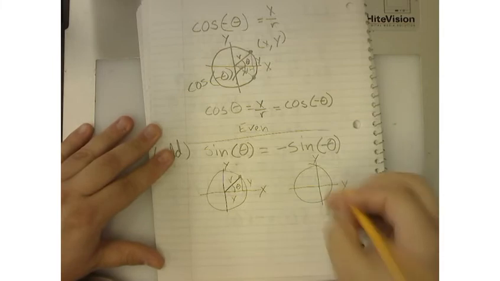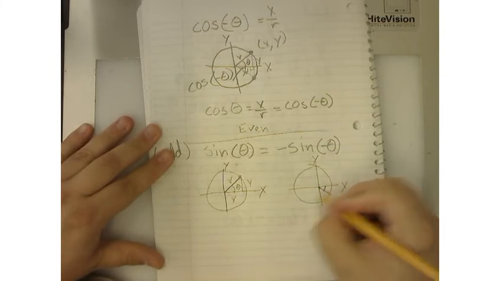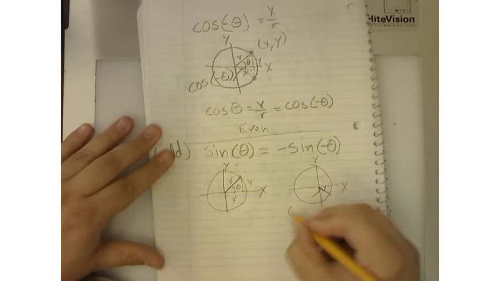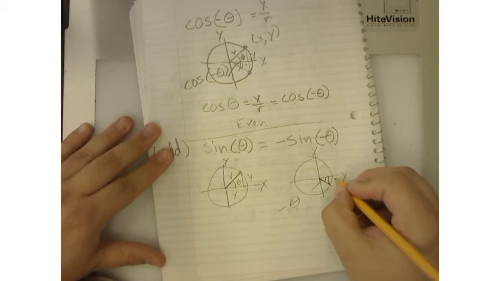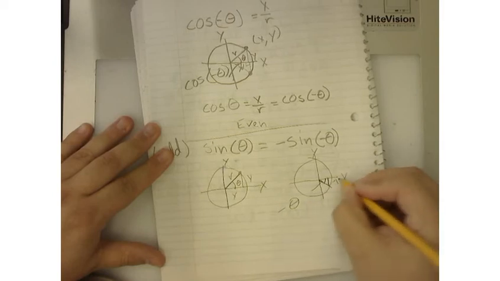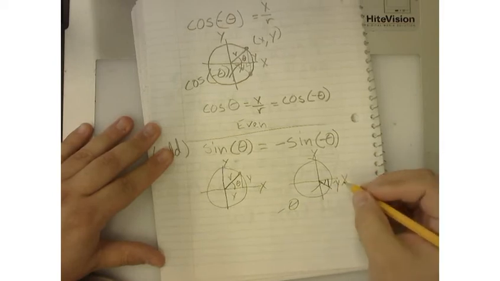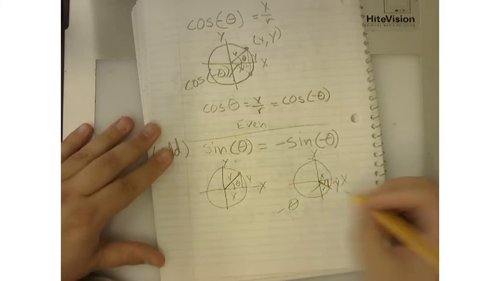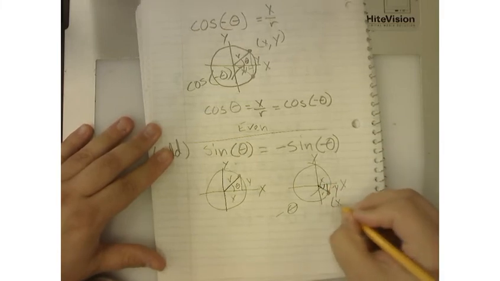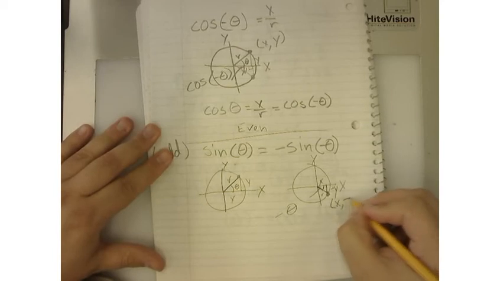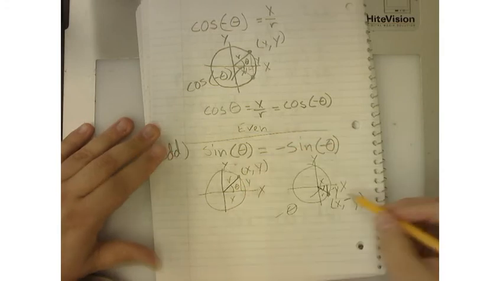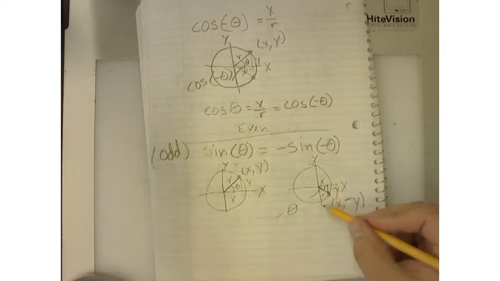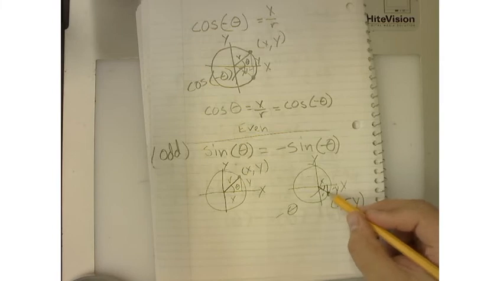Now if I go the same exact distance, but now I'm going to have a negative theta, so this is negative theta in there, then this point right here is still, wait a minute, this is negative y, and this is the radius, and this is still x. In other words, this distance here would be x comma, same y value, but the negative y value. So this point here is x comma y, and then if I swoop around the other way with a negative angle for theta, I've got x as my adjacent, which doesn't change.